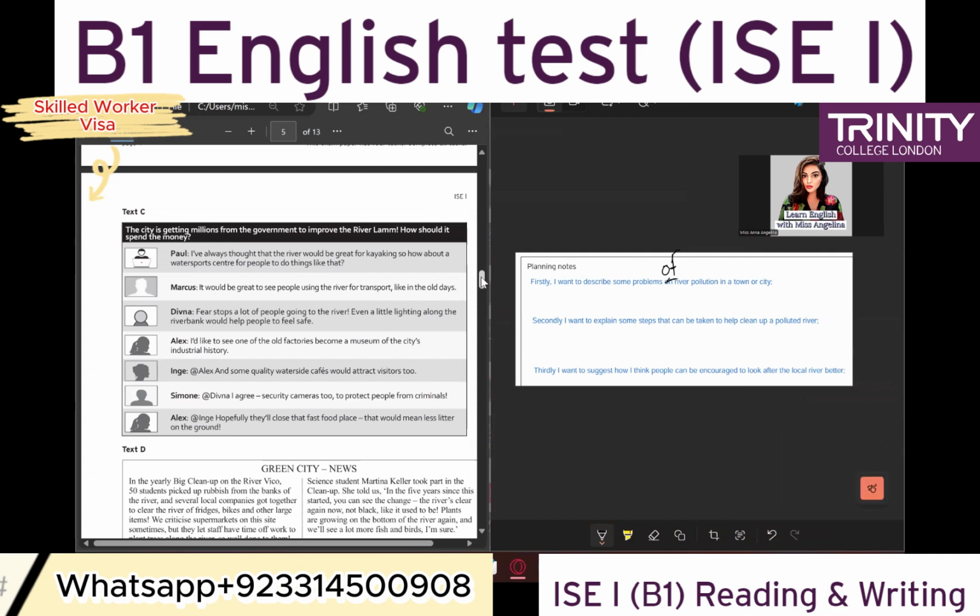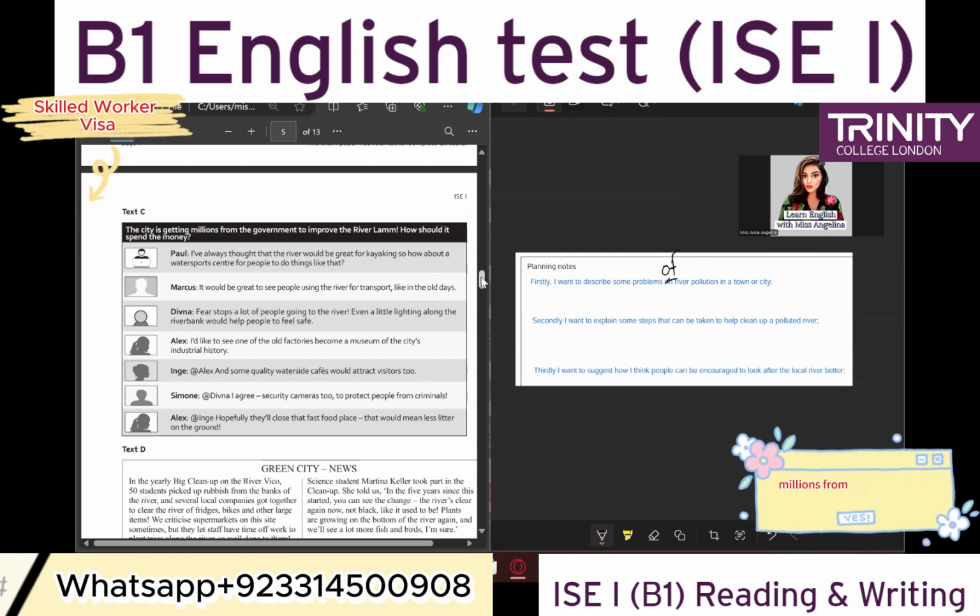The city is getting millions from the government to improve the river Lamb. How should it spend the money? Paul: I have always thought that the river would be great for kayaking. So, how about a water sports center for people to do things like that? Marcus: It would be great to see people using the river for transport like in the old days. Diana: Fear stops a lot of people going to the river.